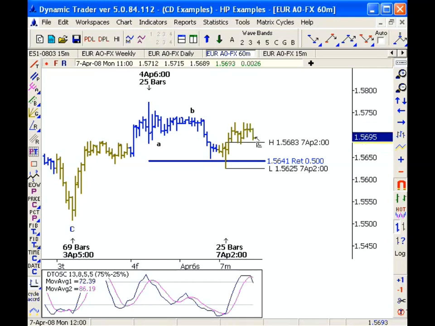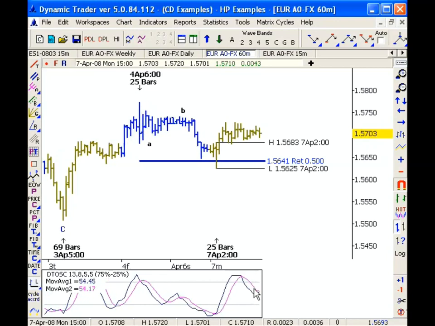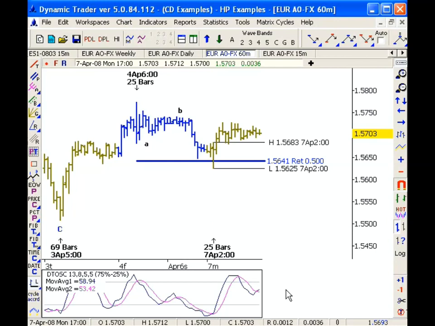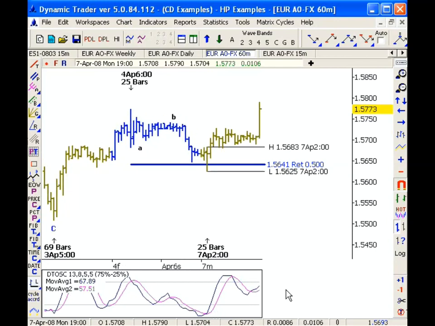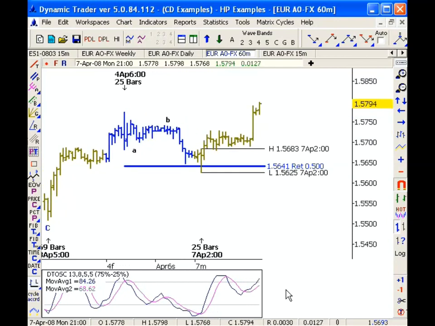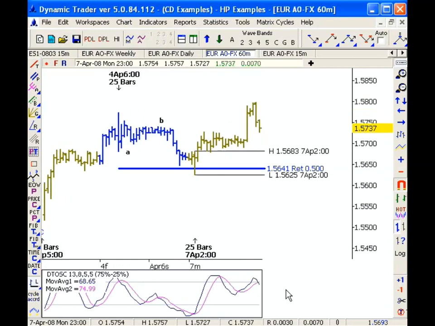Well, as of the last bar shown, we made the first 60-minute momentum bearish reversal. So let's continue to add data. Okay, now as of the last bar, we've made the second 60-minute momentum bearish reversal.